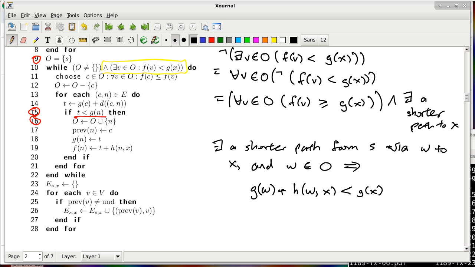This is shorter, right? But when you look at this, what is this value? This is how we define f of W.